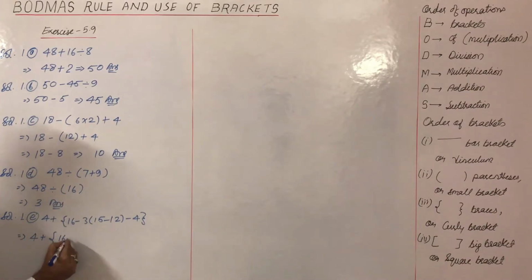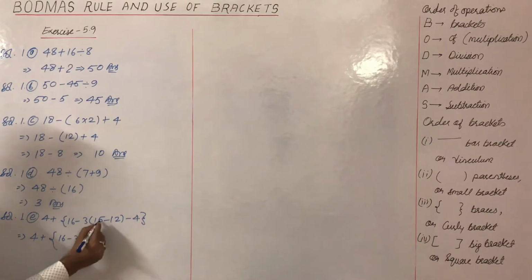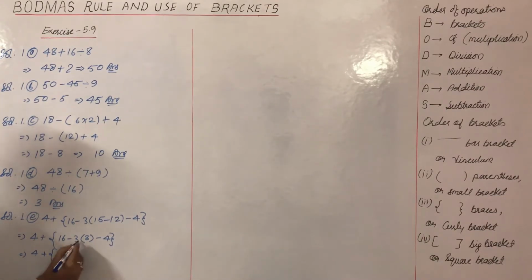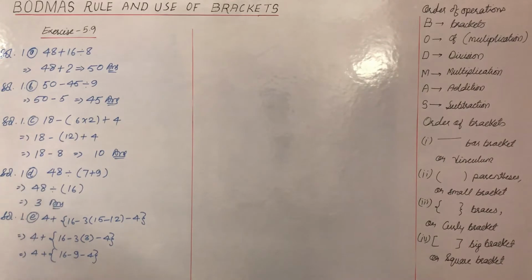So 16 minus 3, 15 minus 12 is 3, minus 4, curly bracket closed. Then 4 plus curly bracket 16 minus 3 into 3 is 9, minus 4. Again we have two subtractions and an addition.